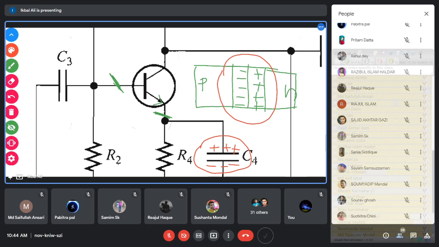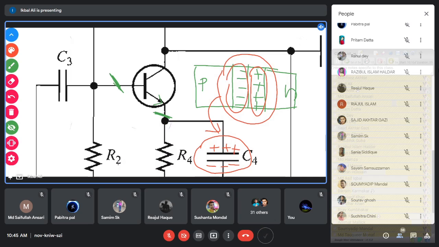In this way the capacitive effect goes on in a capacitor, and this structure is something like a parallel plate capacitor. These are the positive charges layer, and this is the negative charges layer. So certainly across the junction, across the depletion region, you have a capacitive effect.